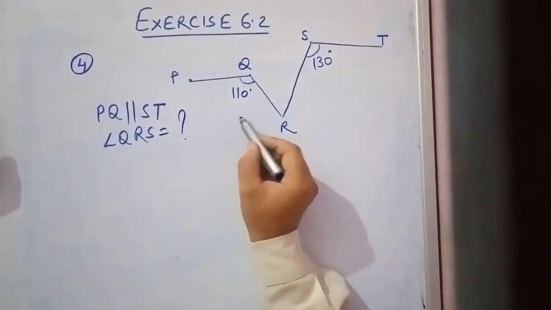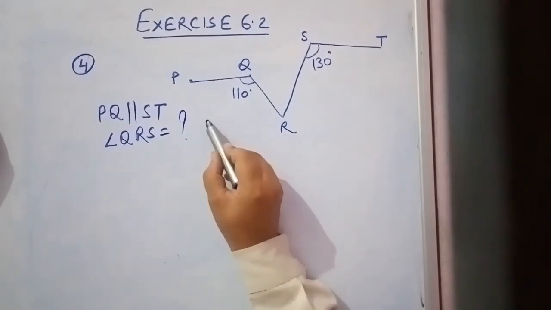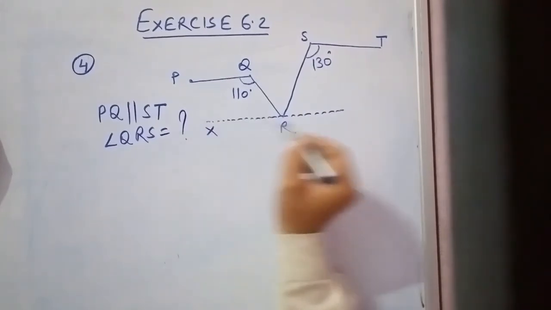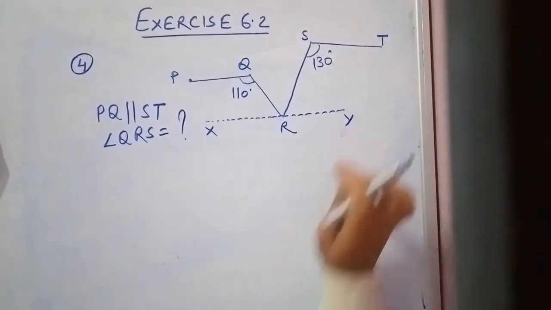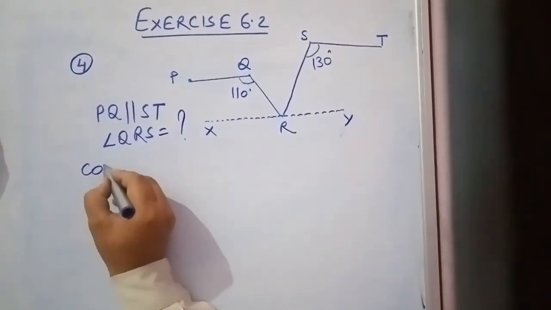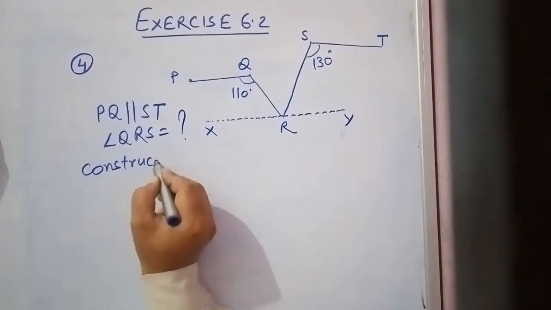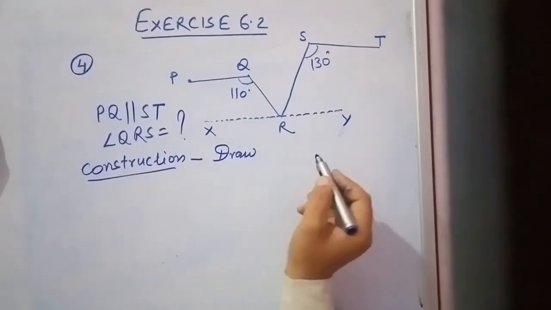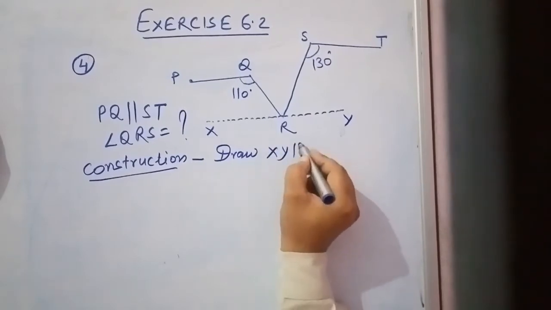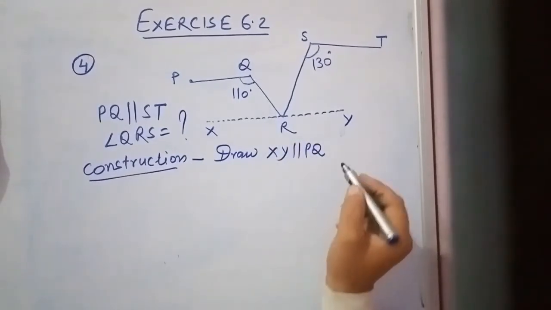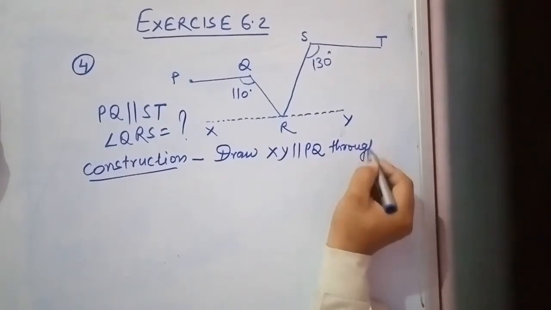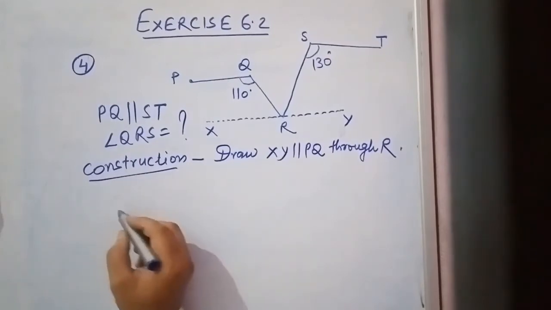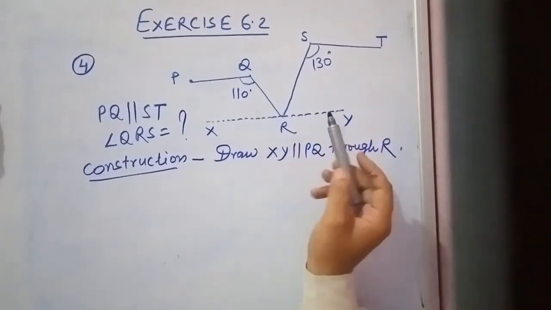First we construct a line. Construction: draw XY parallel to PQ through R. Now solution.